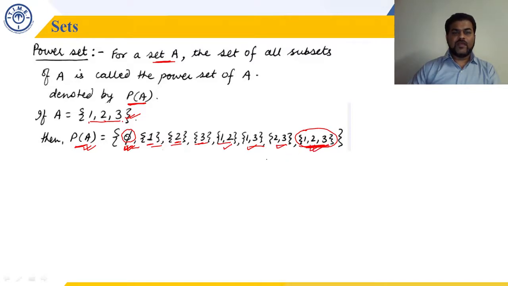Remember this. And all the other sets can be known as proper subsets of A. Phi, which is the empty set, is also a proper subset of A. So these are all proper subsets of A because these do not contain every element of A.